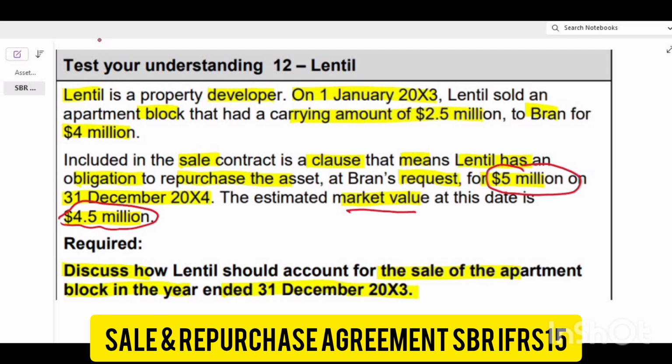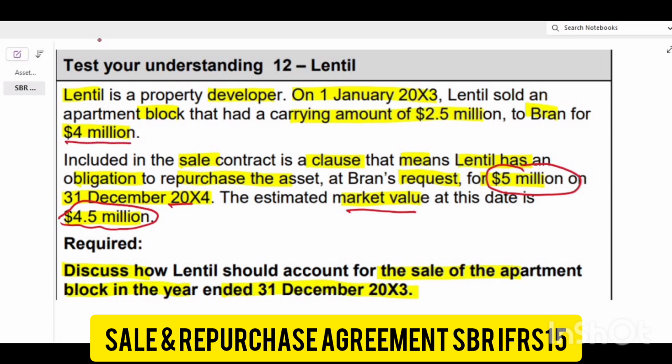So what does it mean? It means that Lentil has an obligation to repurchase the apartment block at Brain's request, meaning the customer's request, at 5 million. And the original selling price was how much? This is the 4 million. Clear?